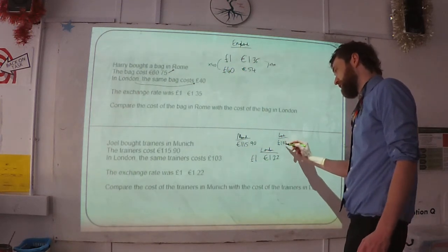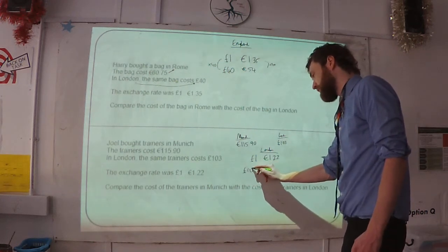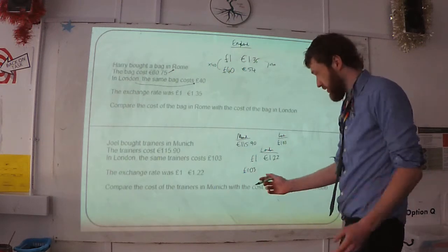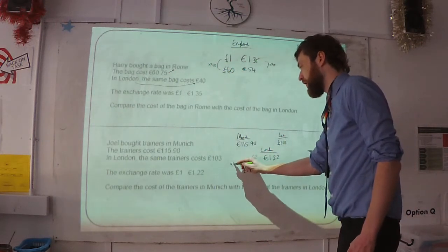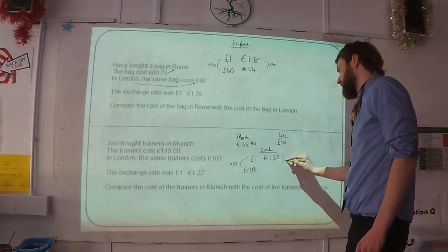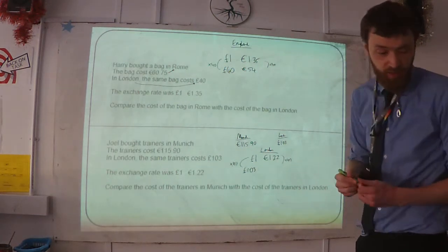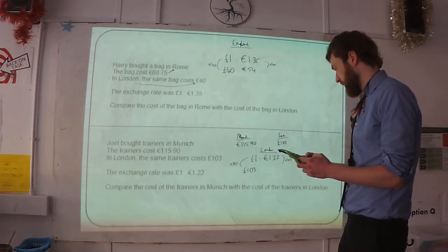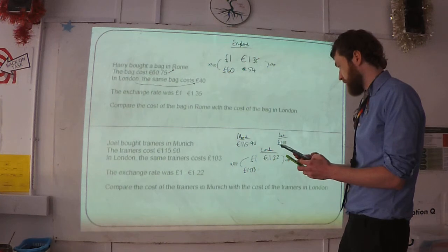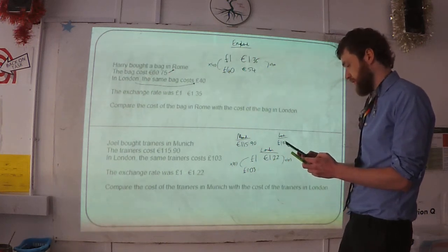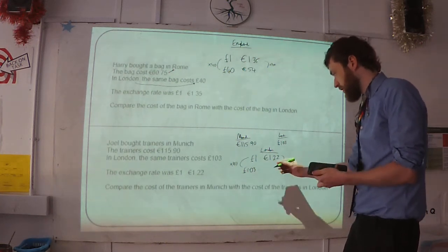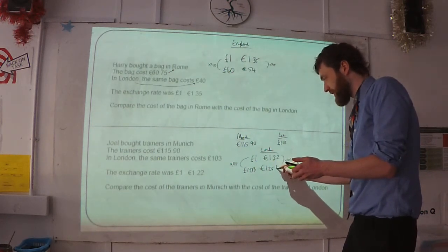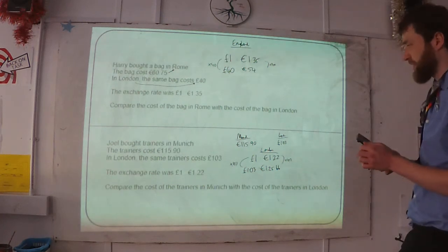I know it cost £103 in London, so I'd go 103 here to work out how much that was if I was in euros. So I'd do times by 103, times by 103. Again, using the calculator, €1.22 times 103 is 125.66. So that's how much it is in London.